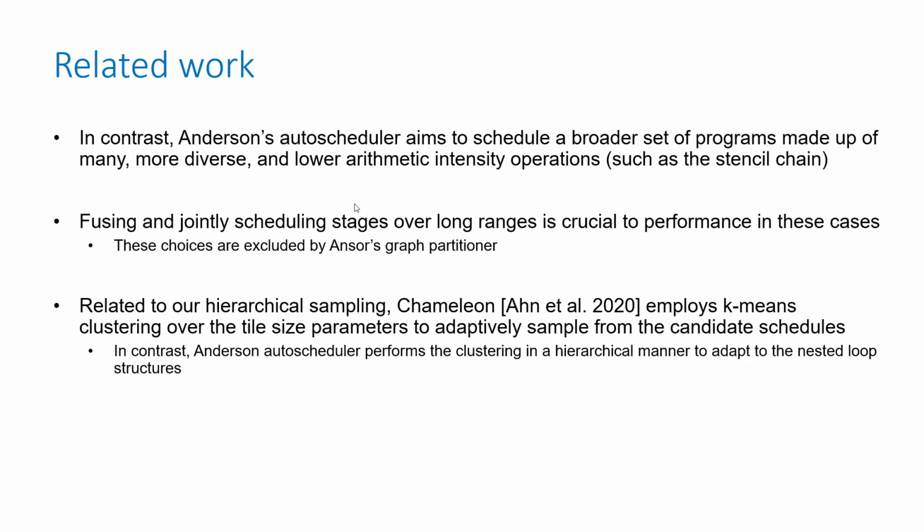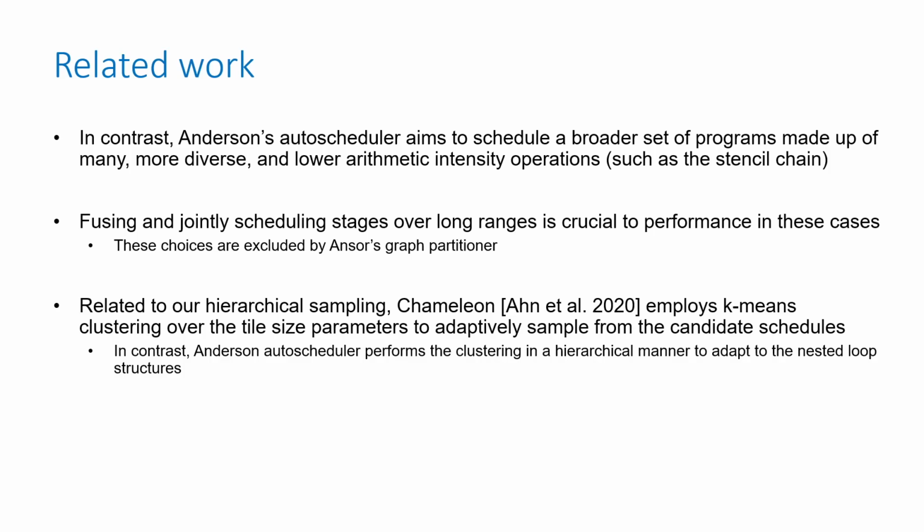He again mentions that this long range fusion between stages in a pipeline is crucial for these domains, and it's good to see that he confirms what I suspected about the TVM autoscheduler, that by using these templates you basically inhibit the long range fusion between stages. That's something that is happening in this Halide autoscheduler.